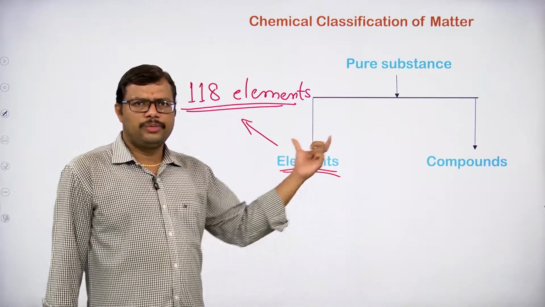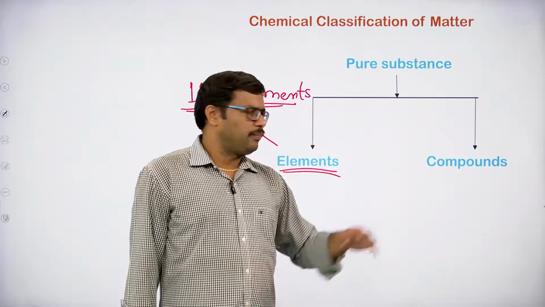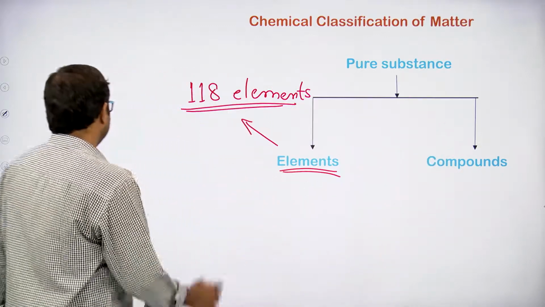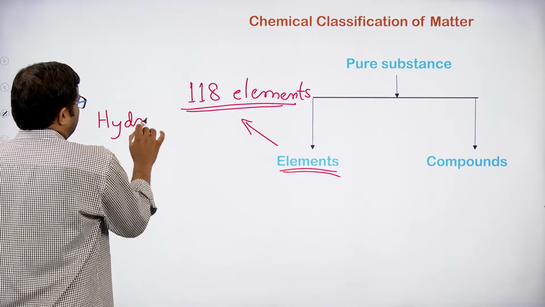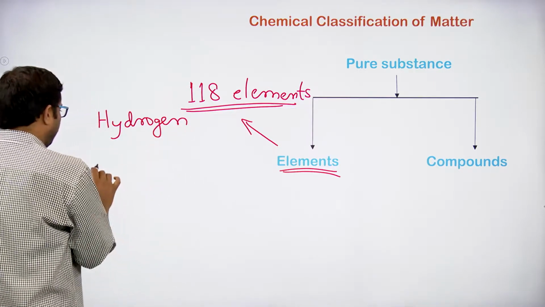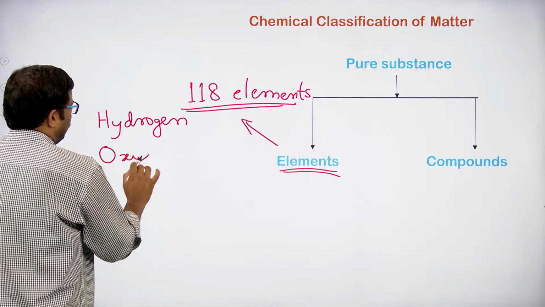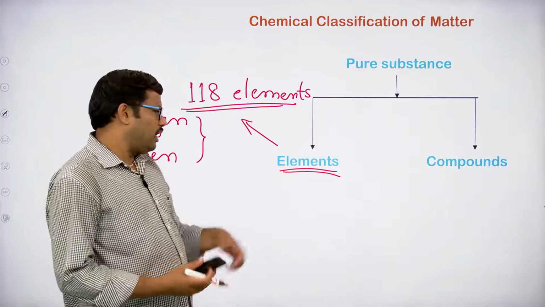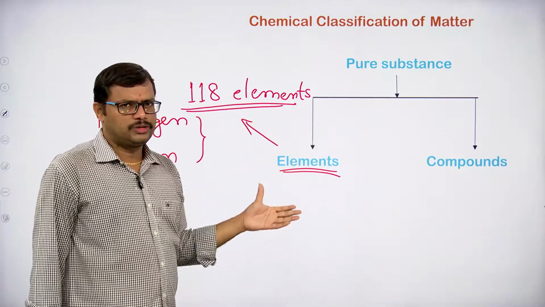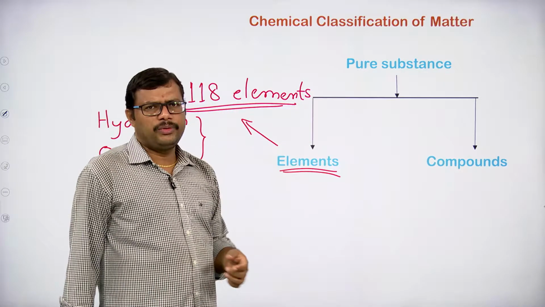Pure hydrogen and pure oxygen, when they react together, we get a compound. Here hydrogen is a pure element, and oxygen is one more pure element. When you take any element exclusively, that is pure only, there is no doubt. So, elements come under pure substance only.